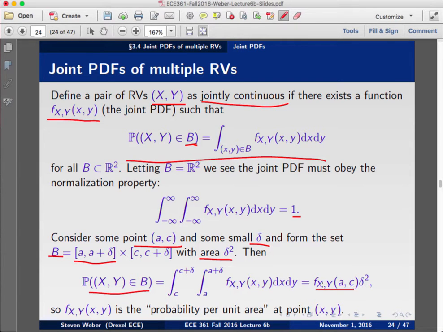So again, if I divide both sides of this equality by delta squared, I can see that the PDF, little f sub xy at a comma c, is roughly the probability per unit area at the point. Well, in this case, a comma c, not xy. So all the notions on the previous slide that were defined for a single random variable extend in the natural way to two random variables.